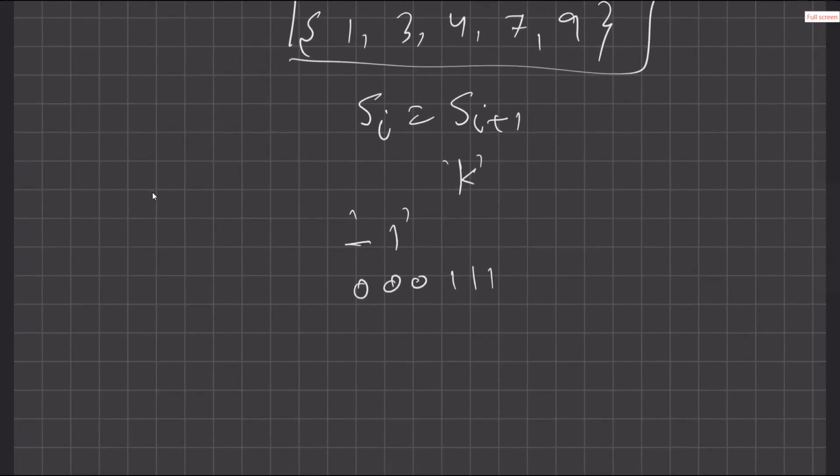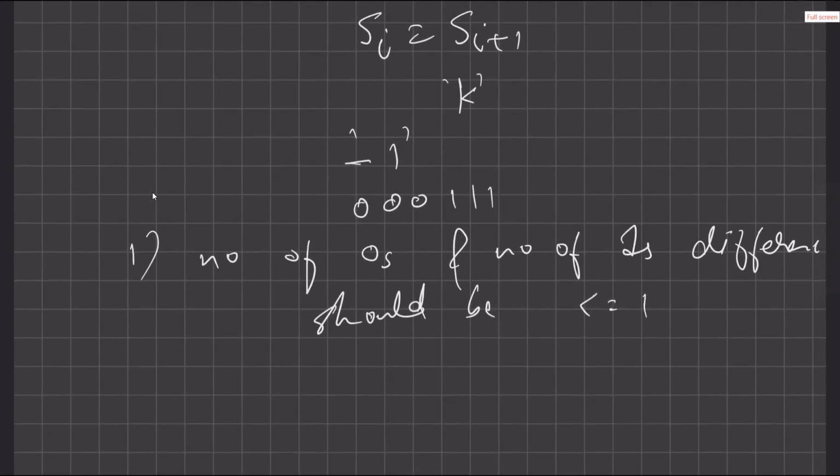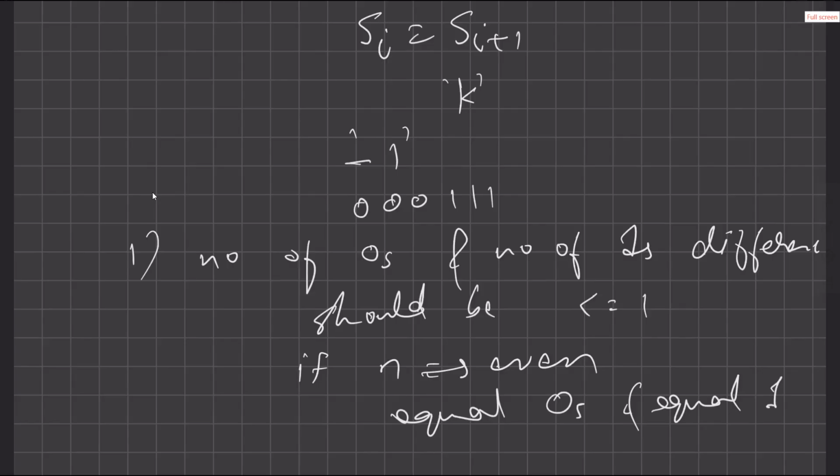The first condition they stated is that the difference between the number of zeros and the number of ones should be less than or equal to 1. Which means if n is even, the difference will be 0, because you will have an equal number of zeros and ones.